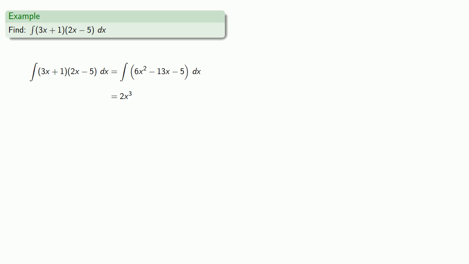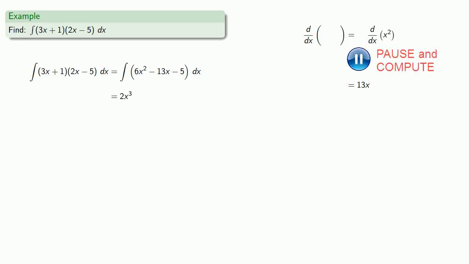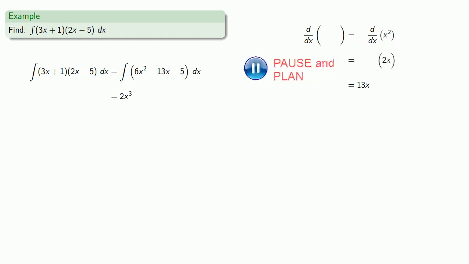I also want to get a 13x, that's 13x to the first, and so that probably came from something like x squared. But when I differentiate x squared, I get 2x, so I need to fix it.